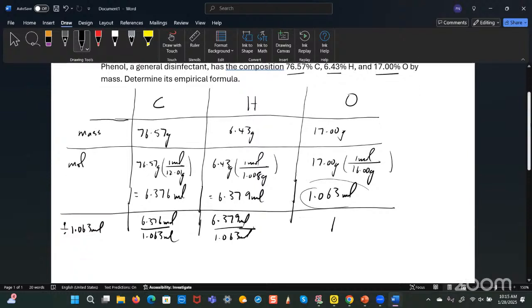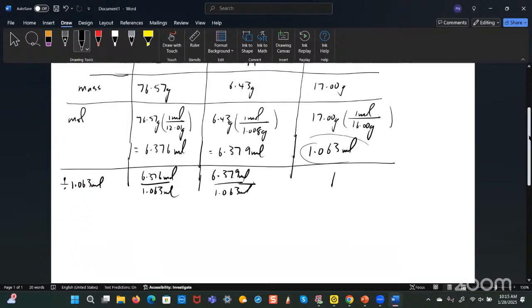So let's do the calculation for this part. 6.376 divided by 1.063. And according to my calculations, this rounded to 4 sig figs will give 5.998. And then in the case of hydrogen, 6.379 divided by 1.063.